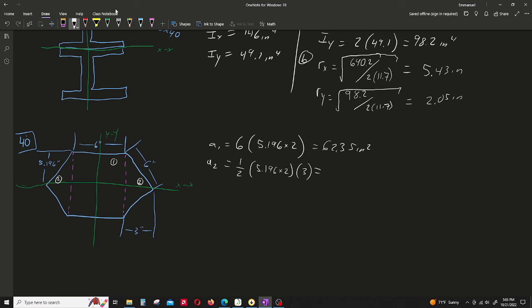So we get a total of 15.59. And so the sum, like I said, there's 2 of these, so the sum of our areas is going to equal 62.35 plus 2 times 15.59, which gives us 93.53.